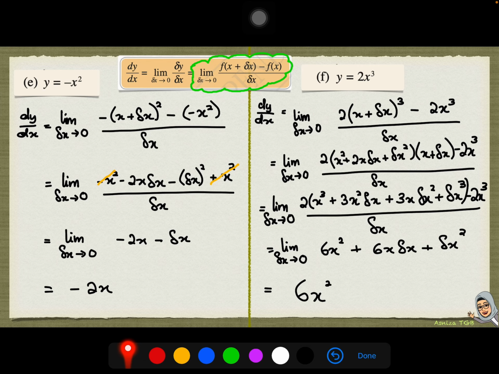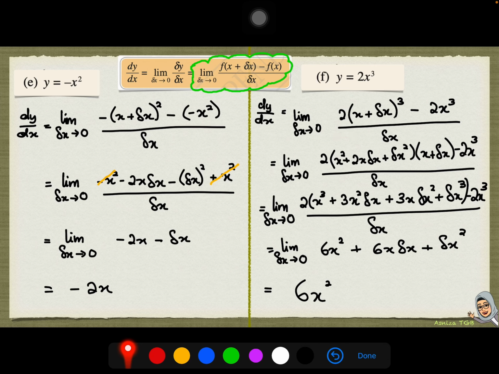Next we look at the function y equal to 2x cubed. So dy dx is the limit as delta x approaches 0 of 2 times x plus delta x cubed, and then minus f of x itself, that is 2x cubed. Then we divide by delta x.